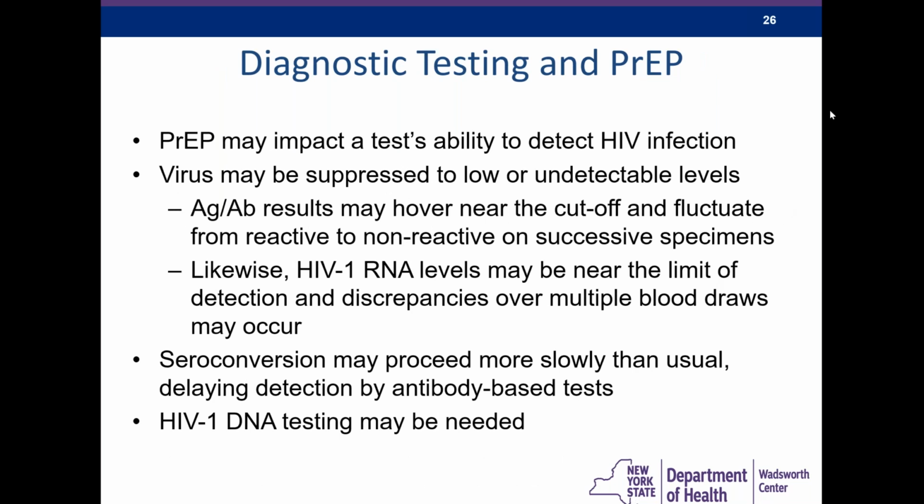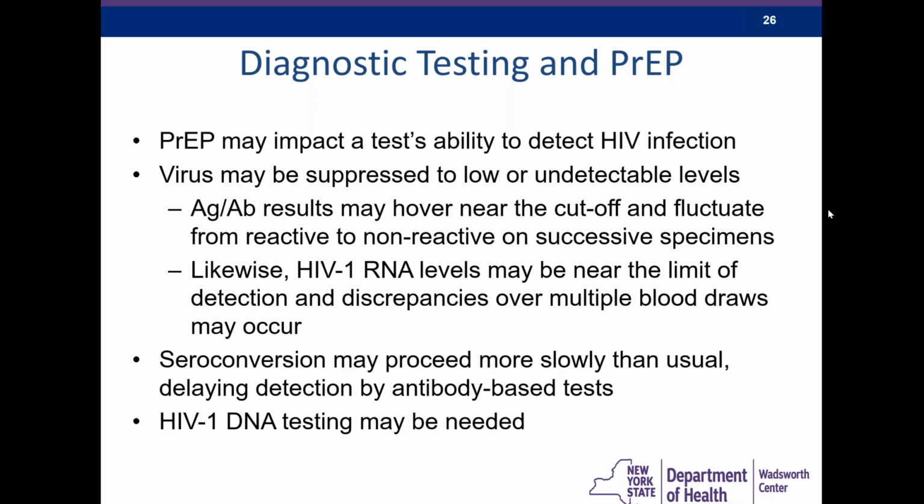When you're trying to do testing, if somebody is on PrEP, this can impact the test's ability to detect HIV infection. Virus may be suppressed to low or even undetectable levels by the PrEP antiretrovirals. That may mean that antigen antibody test results can hover near the cutoff and fluctuate from reactive to non-reactive on successive specimens.